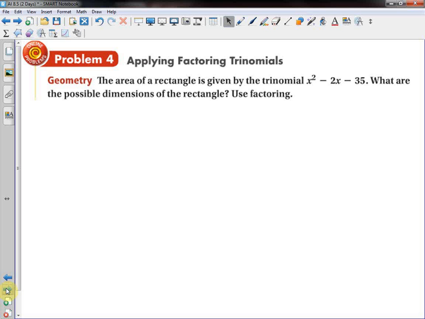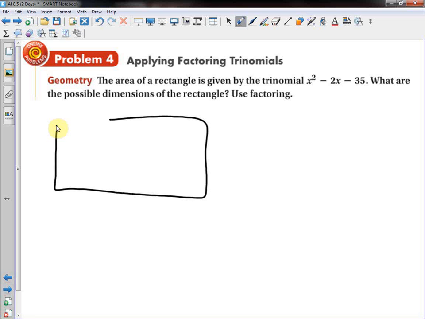So here we have a rectangle and it has a given area. Now the only difference is, instead of the area being like 20 or 42 or something like that, it is x squared minus 2x minus 35. That is the area. In this problem, they're wanting to know, what are my possible dimensions?